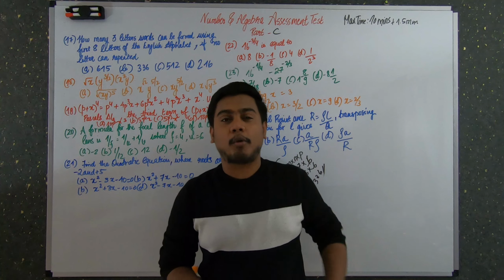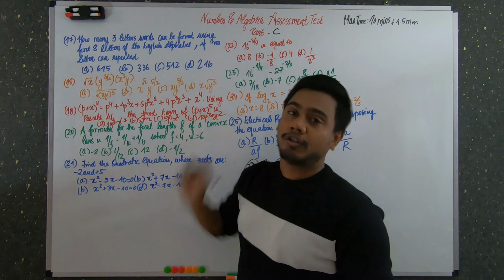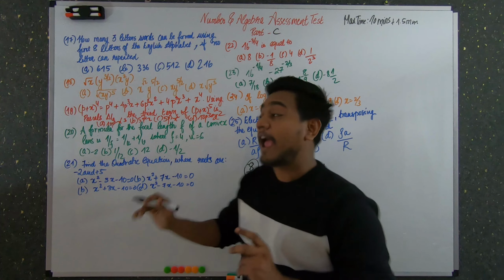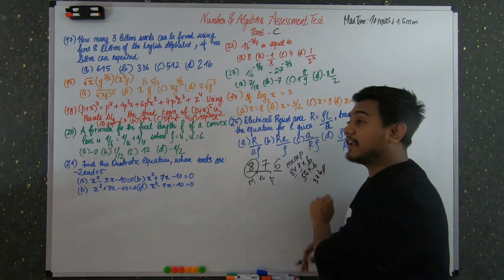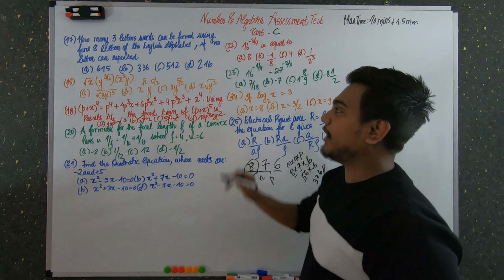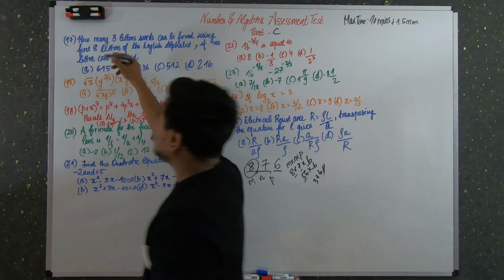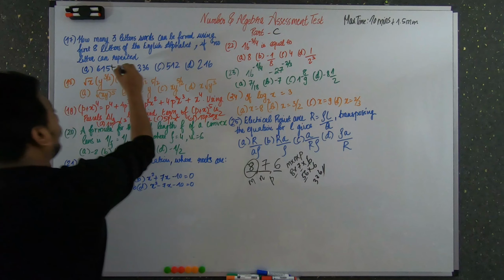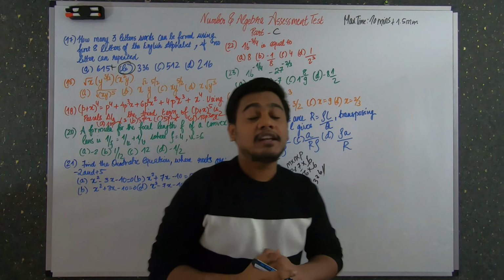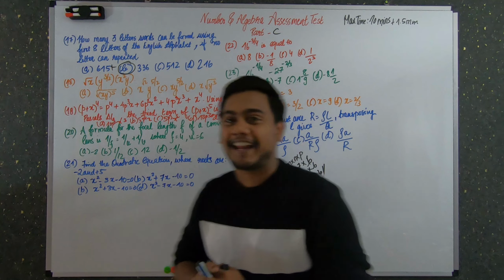Once you have finished, check for the answer in the options. This is the best method, so you will not make mistakes. Okay, so let's check. 336 is there, 615 no, so option B is the correct answer for the 17th problem.